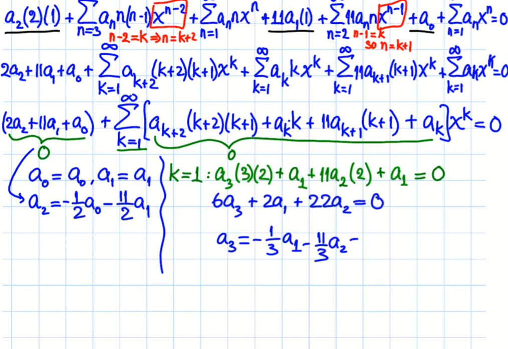We do know A2 is equal to negative 1/2 A0 minus 11/2 A1. So we have minus 1/3 A1 minus 11 over 3 A2. Now I substitute negative 1/2 A0 minus 11 over 2 A1. Combine like terms, we should have, actually there's only A0 there, so it will be 11 over 6 A0.